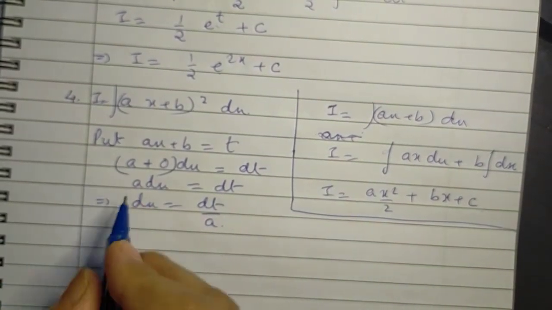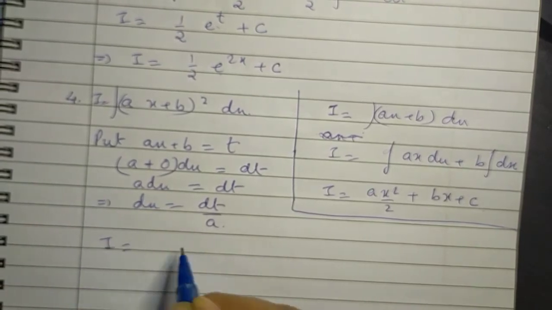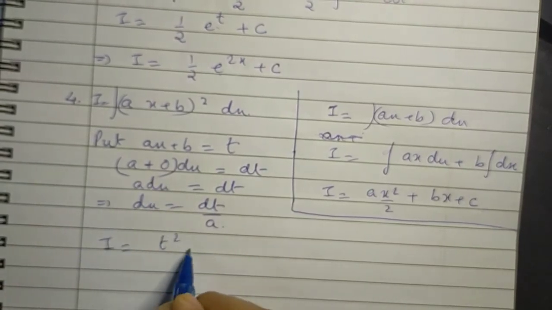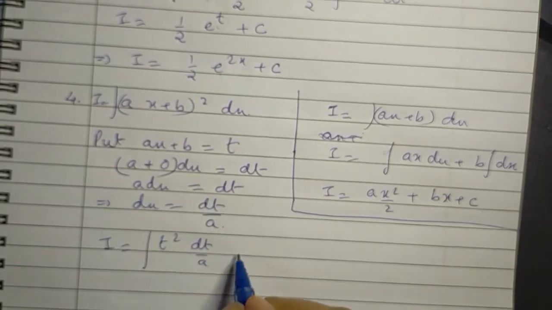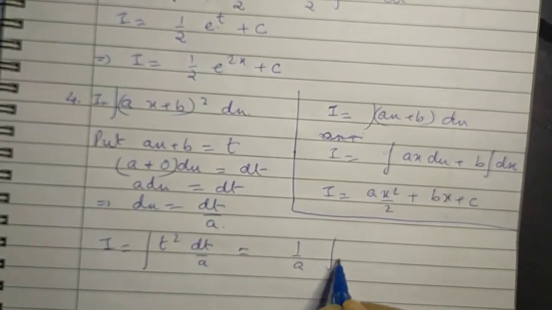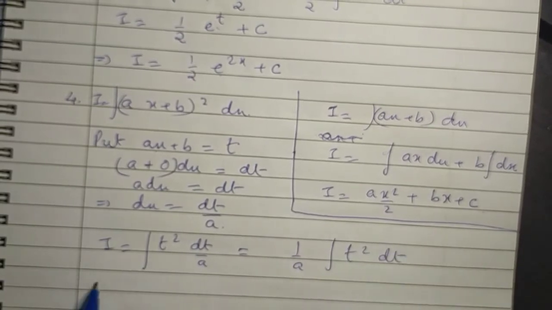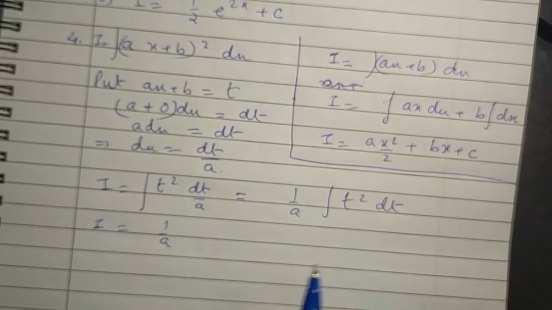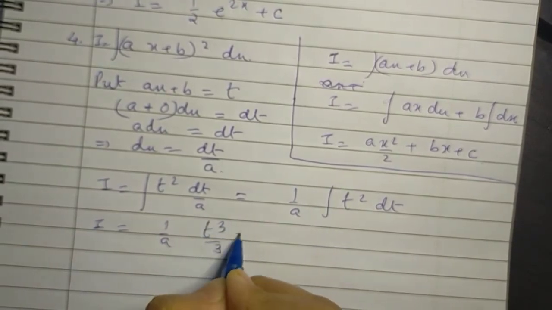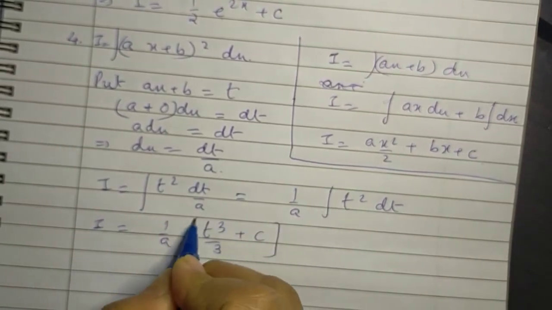So what do we get? This I becomes equal to integral of t squared into dt by a, which on solving gives us 1 upon a integral of t squared dt, which gives us 1 upon a. The integral of t squared is t cube by 3 plus c.